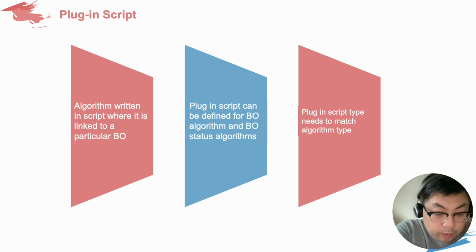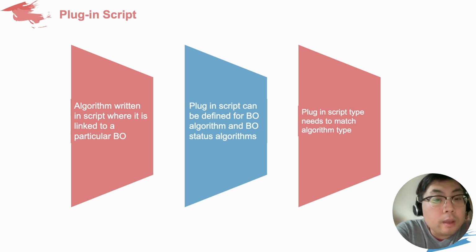So these algorithms are based on a particular business object. And if you look at the schema, which we will be looking at a bit later, the base schema for plugin script is closely related to the business object.